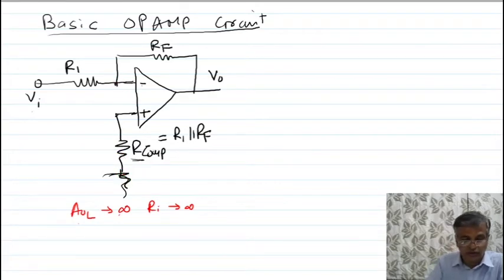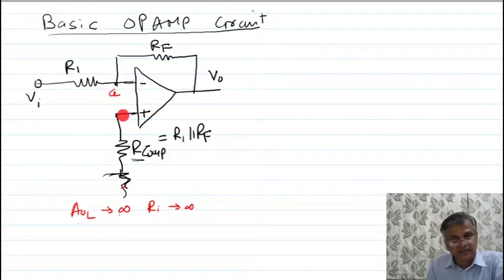This point is called virtual ground. Already you know this point A is called virtual ground. The reason is that voltage drop across this is 0, so this potential and this potential are the same. If these two potentials are the same, and this is ground, no voltage drop across this, so this point and this point are similar, so this is called virtual ground.